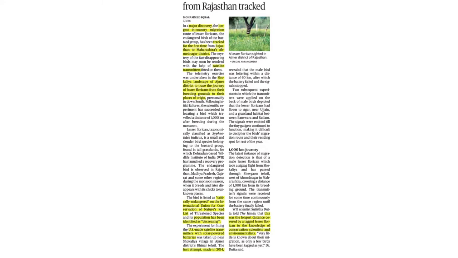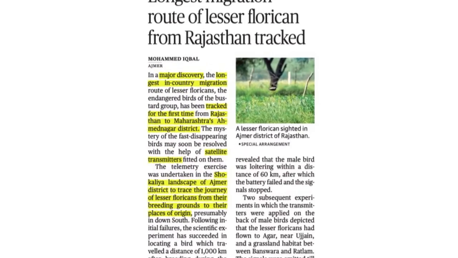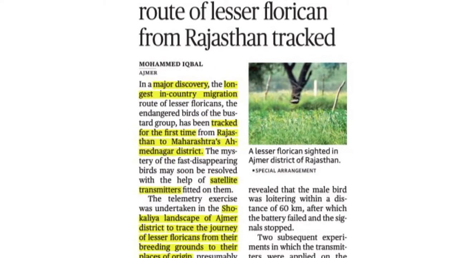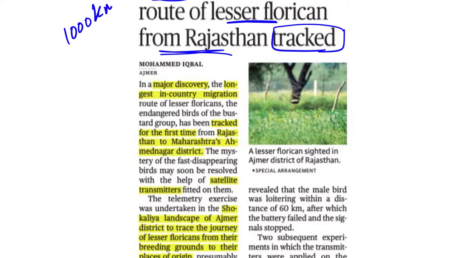Finally, we come to the Hindu article which inspired these video series. The article read, longest migration route of Lesser Florican from Rajasthan tracked. Longest migration route means around 1000 kilometers of one bird. Many transmitters were fit on many birds. One of them traveled for around 1000 kilometers before the battery died.